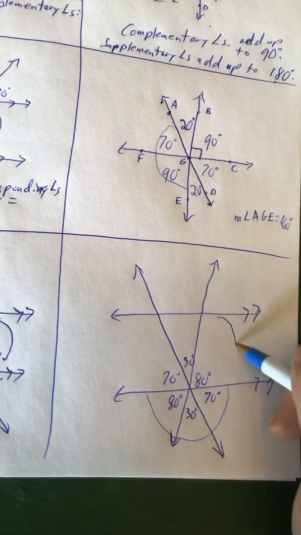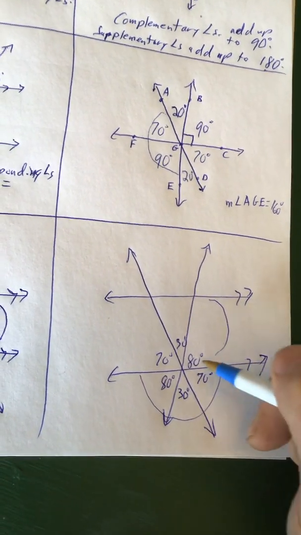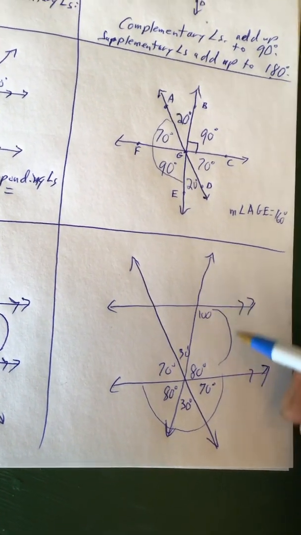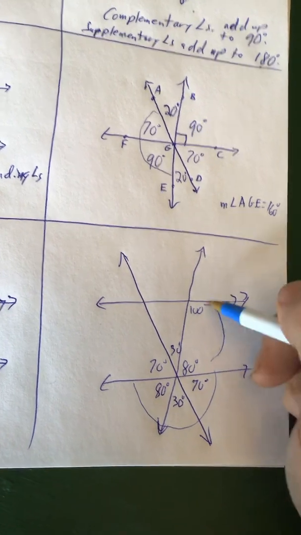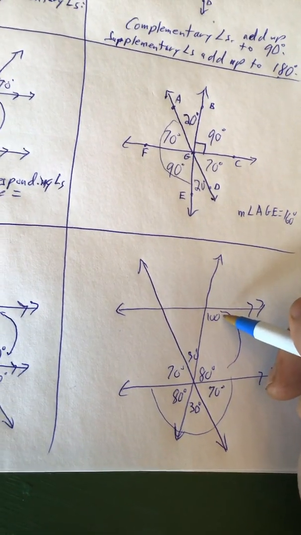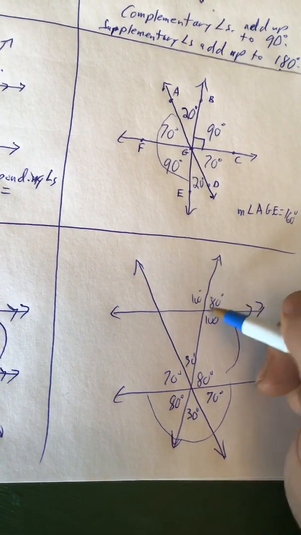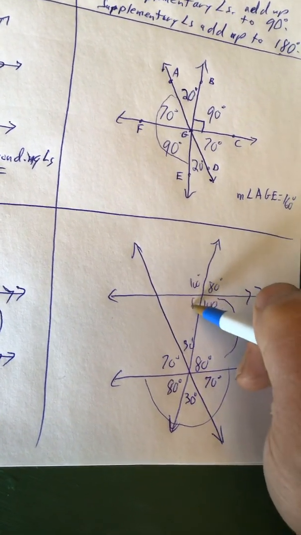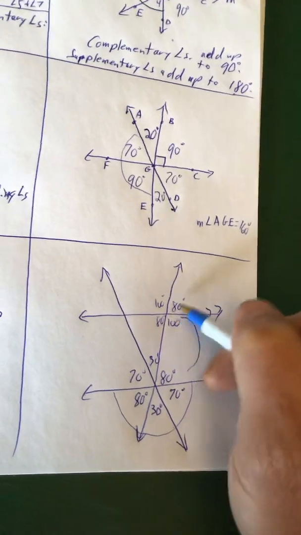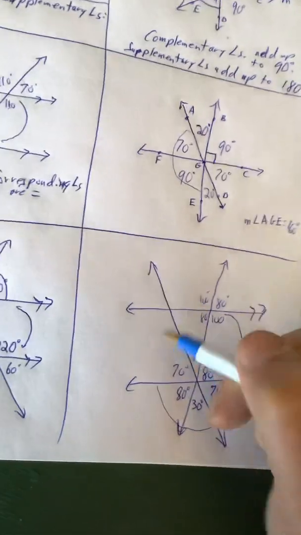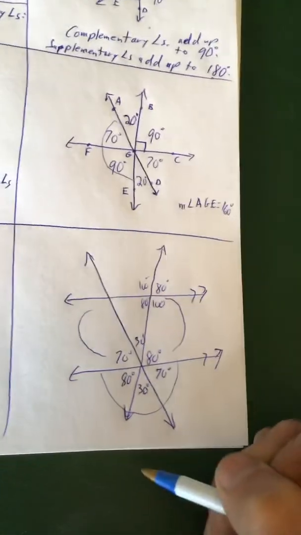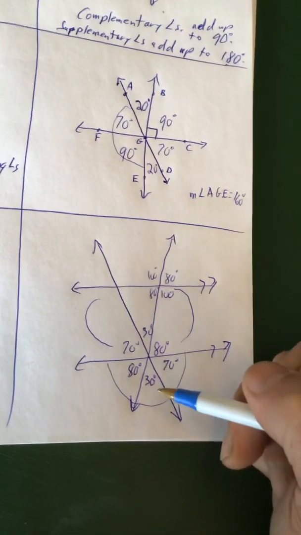Now, same side interior, if this is 80, that's 100. And once I have one, that's going to be 100 because those are vertical, and this is going to be 80 because these are supplementary, and that's 80 because those are vertical. Over here, what do you think these two have to add up to?